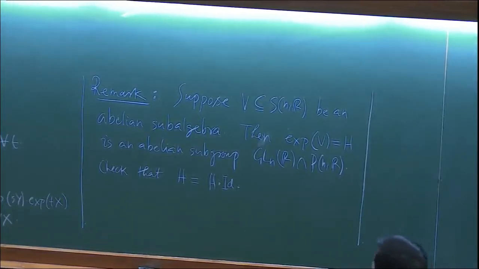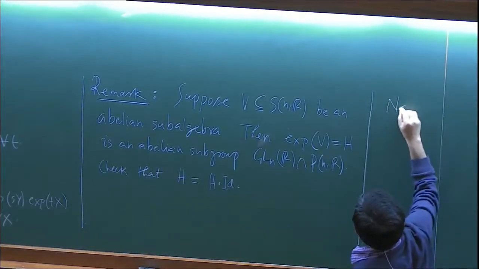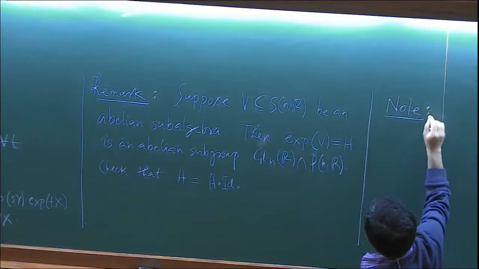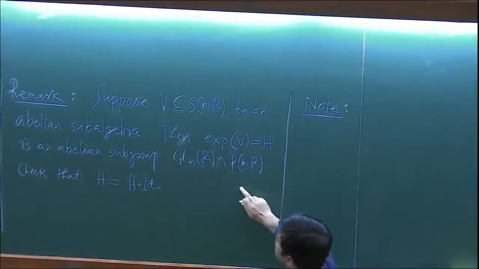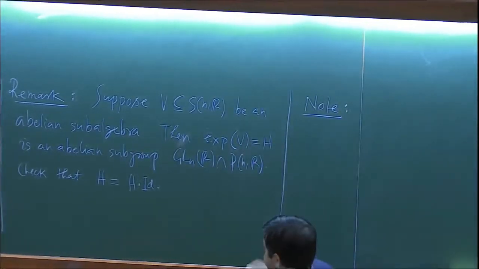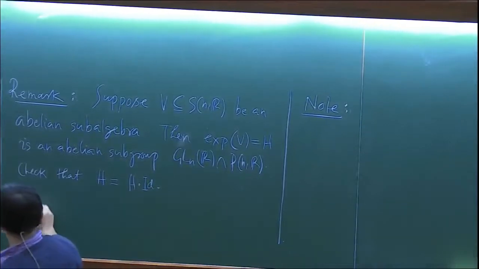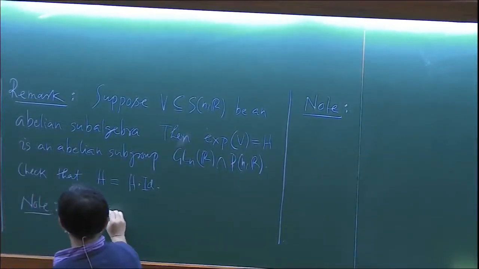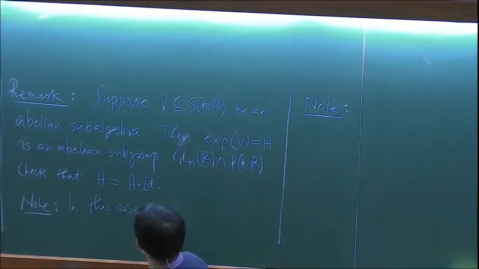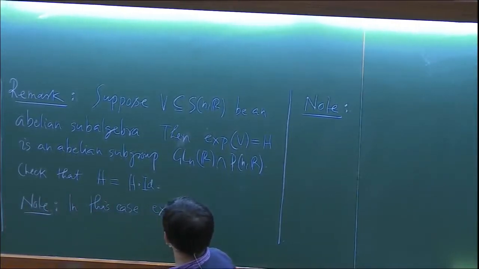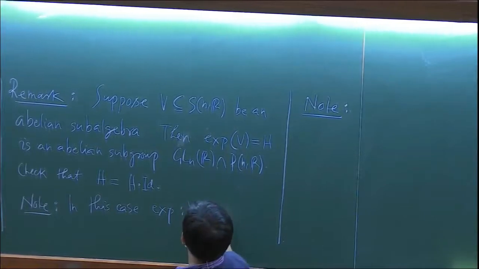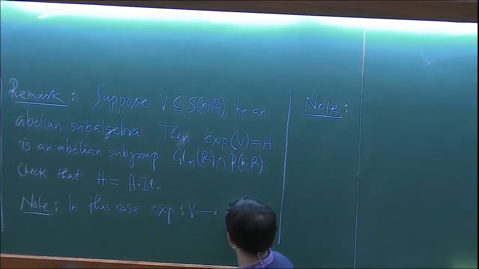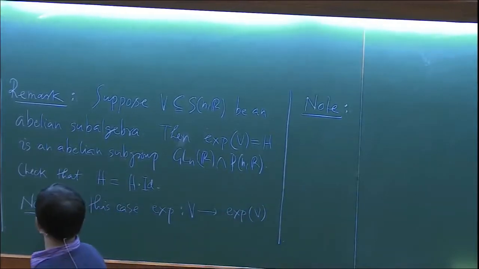So note that in this case, the exponential map from V to exponential V is an isometric embedding.